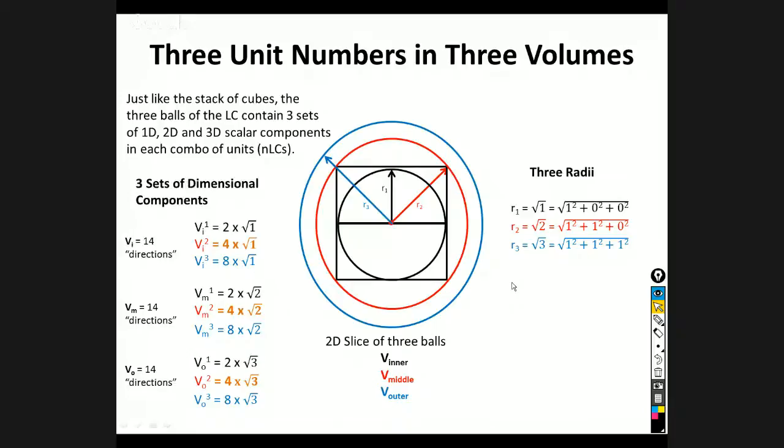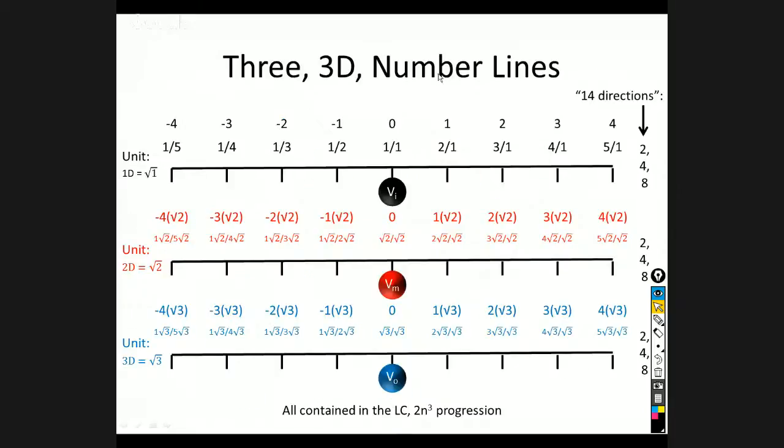All right, so going on then, this gives us 3 3D number lines. As we talked about, the normal number line that we use, you can think of it in terms of the integers, where we have 1 over 1 as the identity element in the group.